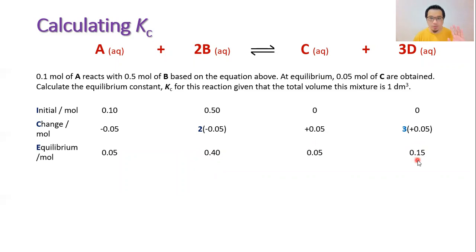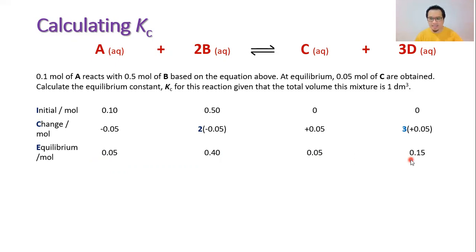If you have not watched the video on how to create your own I.C.E table, please click on the link right above. This video is going to focus mainly on calculating the Kc value, so I'm just going to tabulate the data here. The equilibrium number of moles of my reactants and of my products are given from the I.C.E table.